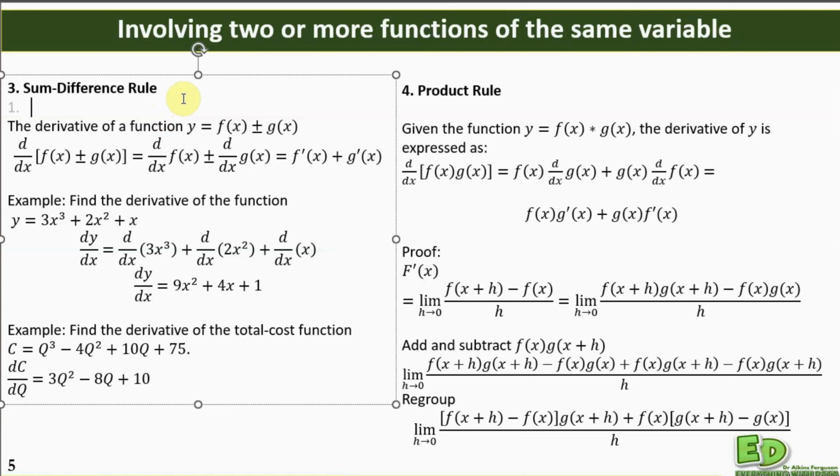Okay, maybe you have a first term, say f of x plus g of x, or it could be f of x minus g of x. It means that you have two different terms over here, but they are separated by a binary operation, which is maybe a positive or a negative.